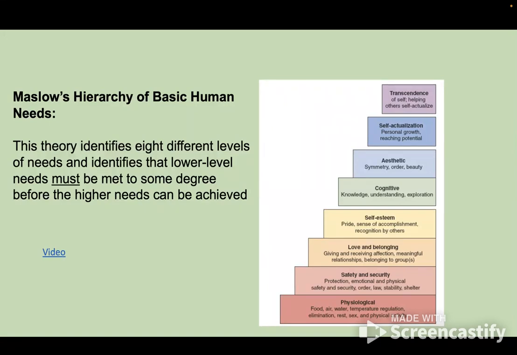So there is a link to a video in your PowerPoint that I'd encourage you to look at. But if you look at the picture there, our physiological needs: food, air, water, temperature regulation, elimination, rest, sex, and physical activity. We have to meet the needs on that level to some degree before we move up, before we can meet the needs of a higher level.